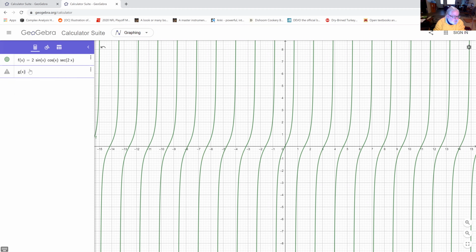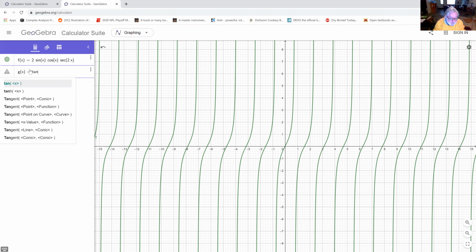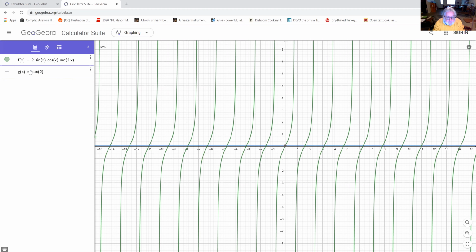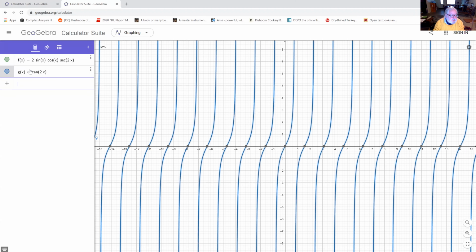Tangent of 2t. So remember, the green line is f of x, and the blue line is g of x. And when I graphed the blue line, it went right on top of the green line.